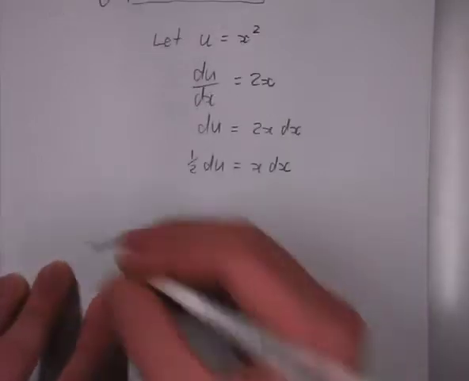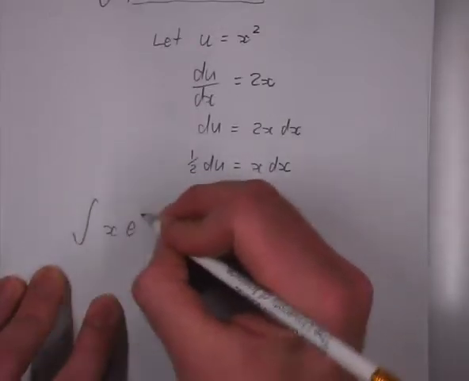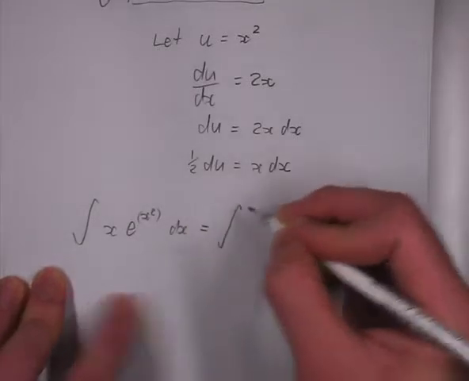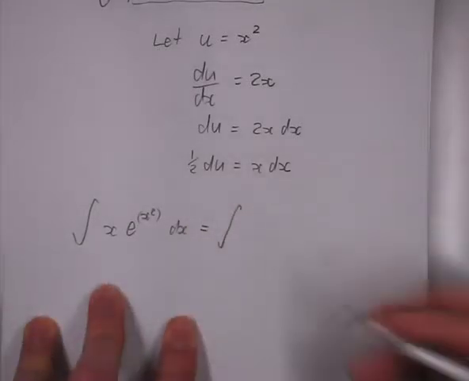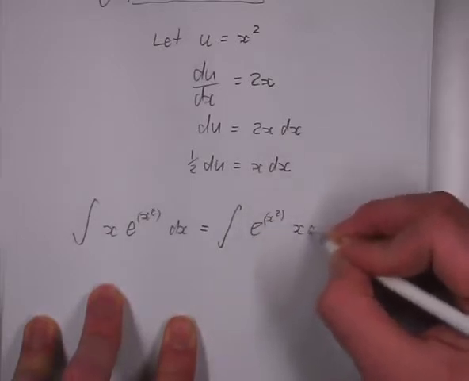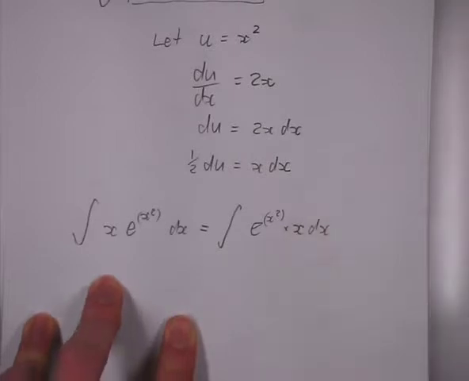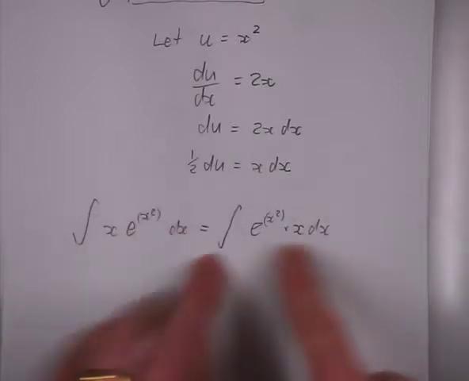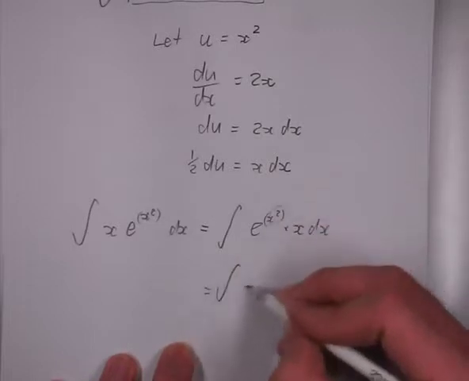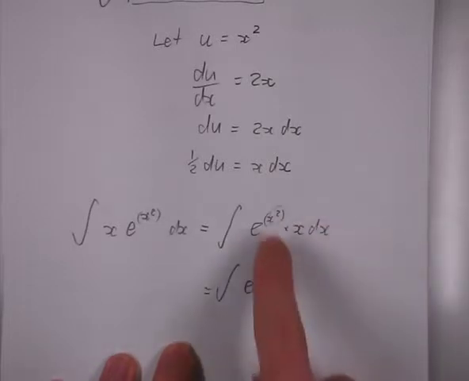So let's rewrite our integral. To be completely clear, I'm going to rearrange it first so that you can see what's going on. I'm going to put the x dx over here because I can rearrange multiplication in any order. That is u, the x squared.